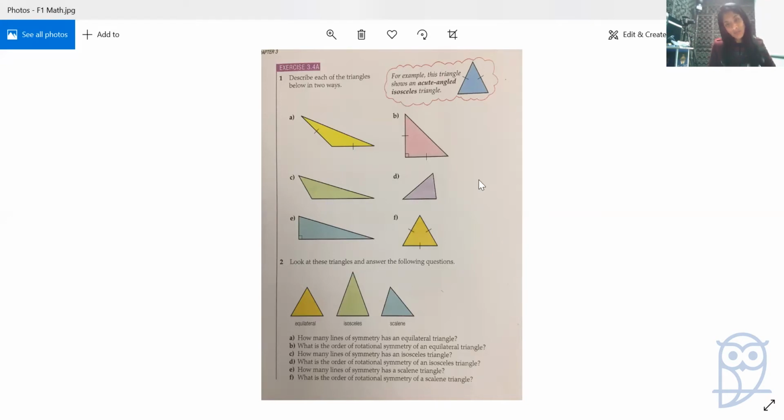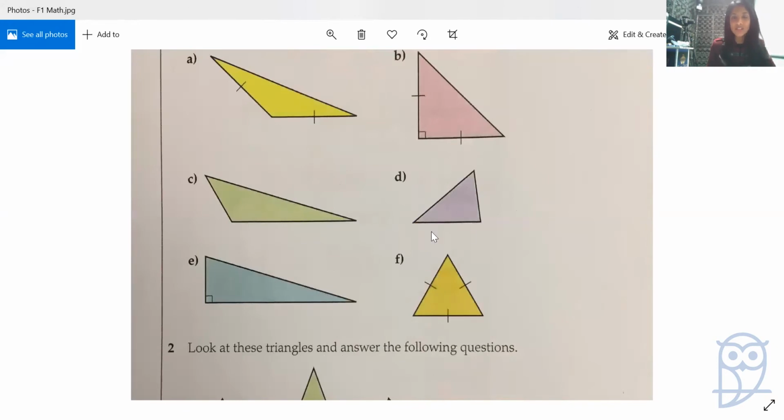Moving along to D, what does D look like to us? Does it look like an equilateral triangle? No, it's also a scalene. We can see there are three different sides to it. So once again, C and D are similar: three sides of different lengths and all three angles are different.